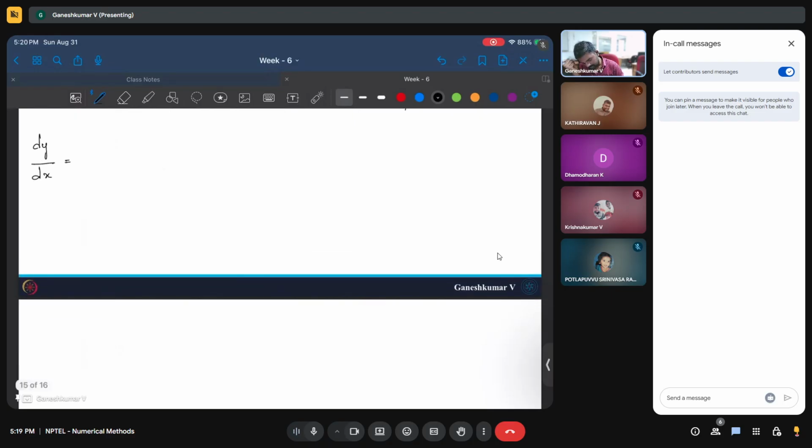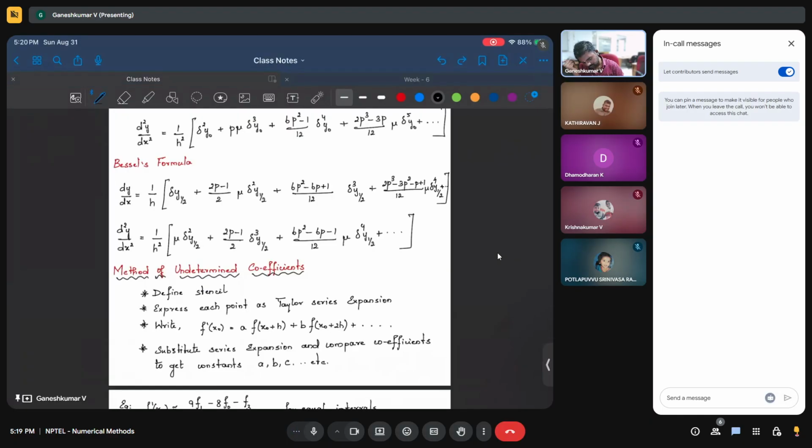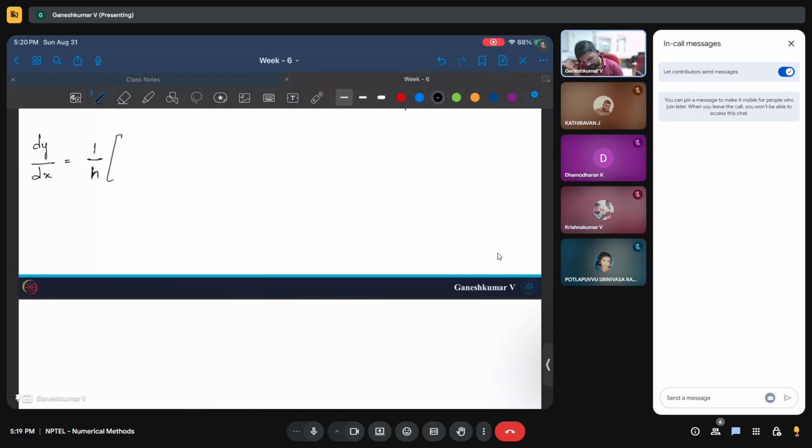Here we can write it as 1 by h, delta y naught minus 1 by 2 minus 2p minus 1 by 2 into mu delta square y naught. Wait. So this delta, right?